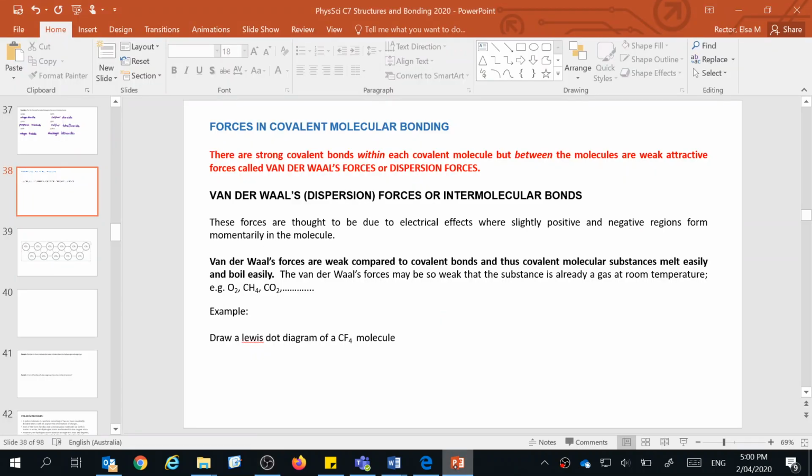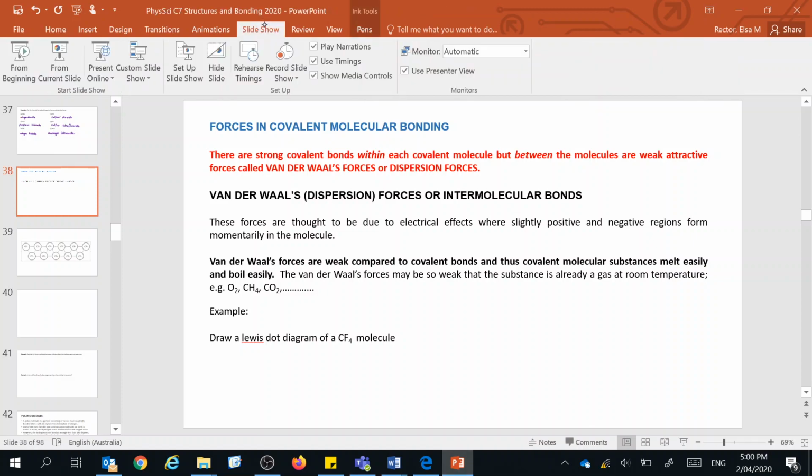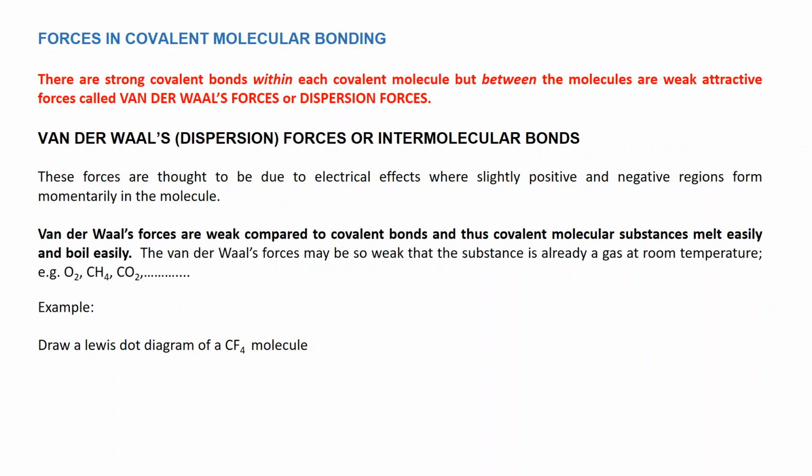Okay, so I'm doing a quick video on forces in covalent bonding. So I'm just going to go straight to this example here and try and explain it in terms of the example we've got. So a Lewis dot diagram of a CF4 molecule, so that must have one carbon, and carbon has 4 unpaired electrons.